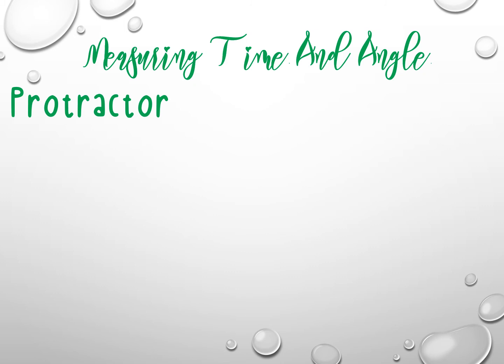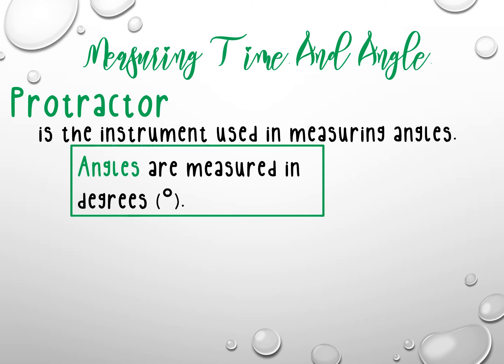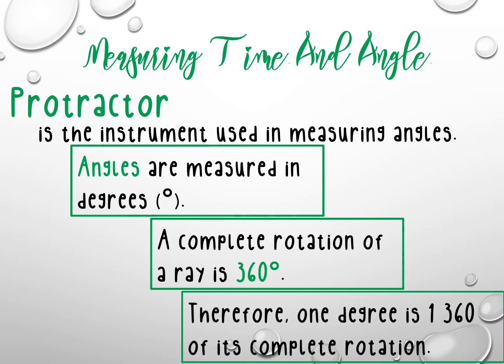So, kung gusto mo mag-measure ng angles, the appropriate tool to use is the protractor. The angles are measured in degrees. A complete rotation of a ray is 360 degrees, and therefore, 1 degree is equivalent to 1 over 360 of its complete rotation.